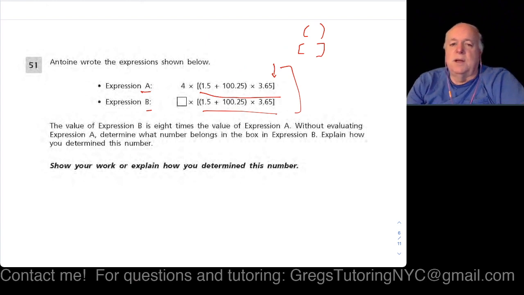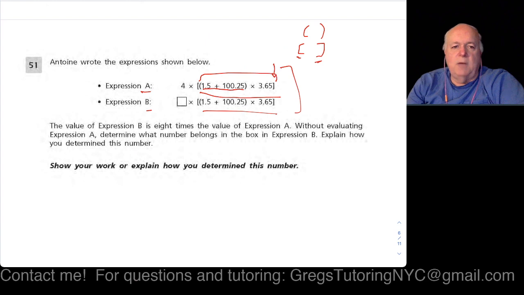They can also be used for parenthetical situations. So the left and right normal parentheses are this part right here, and the square bracket contains this whole thing. That's dictating the order of precedence.